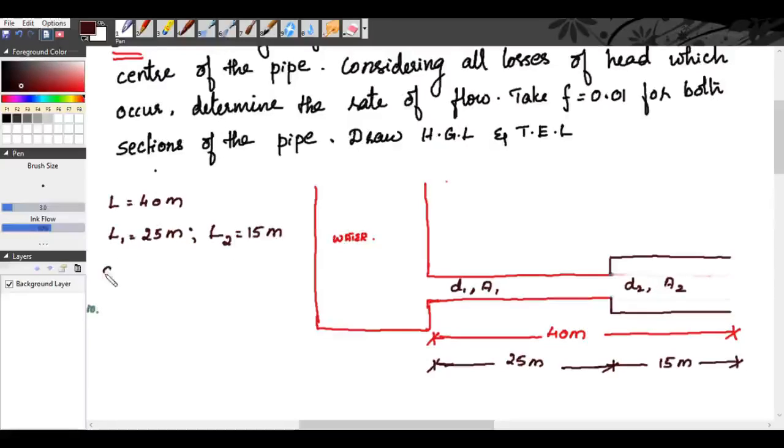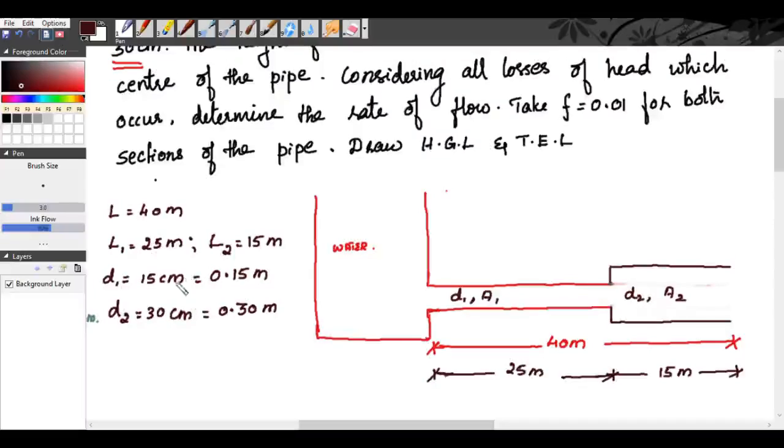For pipe 1, D1 is equal to 15 centimeter, that is equal to 0.15 meter. And D2, the diameter of the second pipe, is doubled, it is 30 centimeter, so it is 0.30 meter.